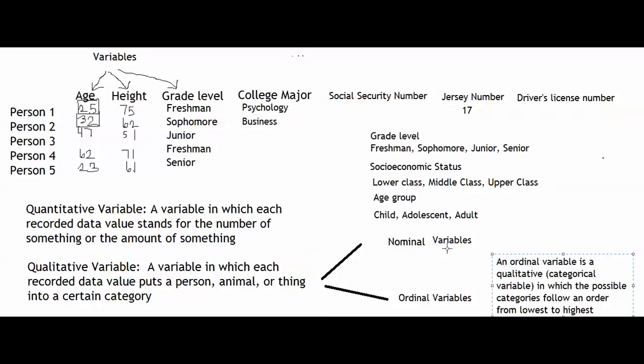So basically, whenever there isn't an order, it becomes a nominal variable. They do not follow an order from lowest to highest.